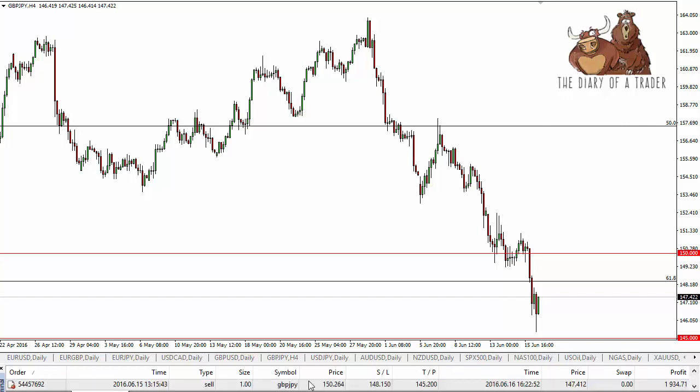There we go. You can see that we entered at 150.26 and we closed out at 147.41. So pretty decent trade, really, by all accounts.